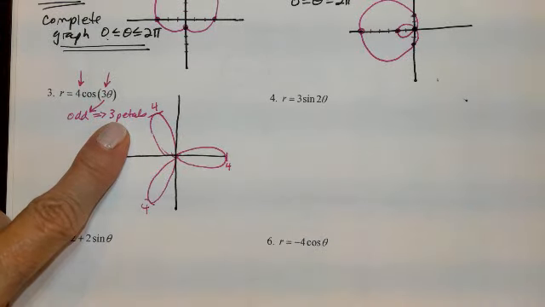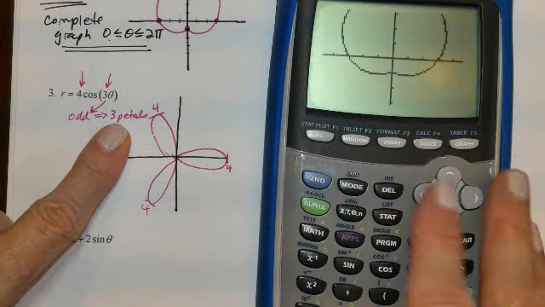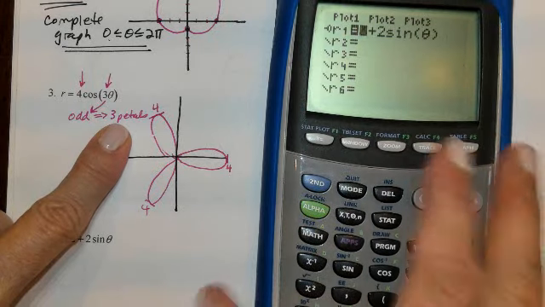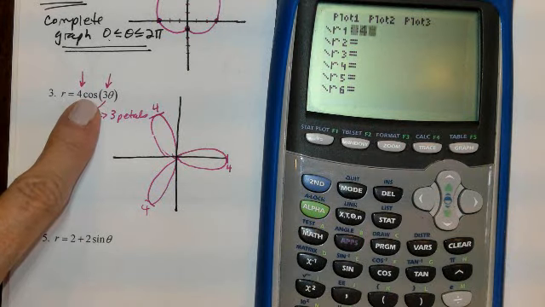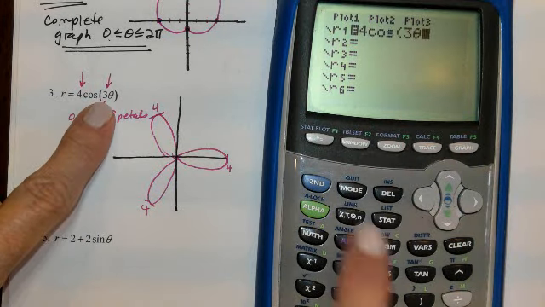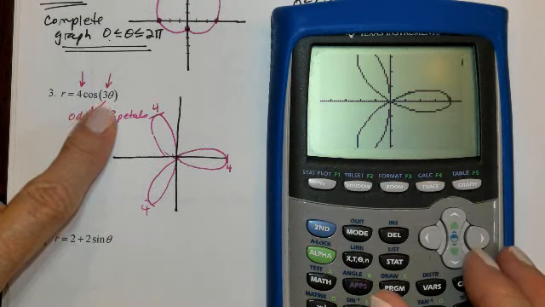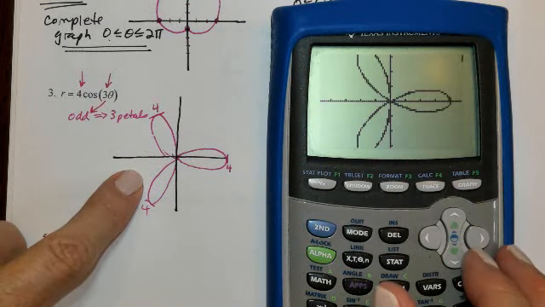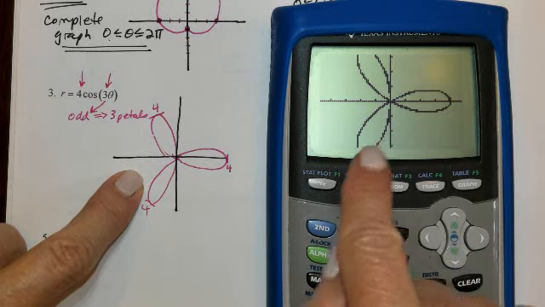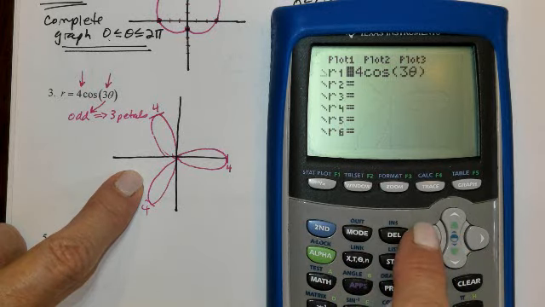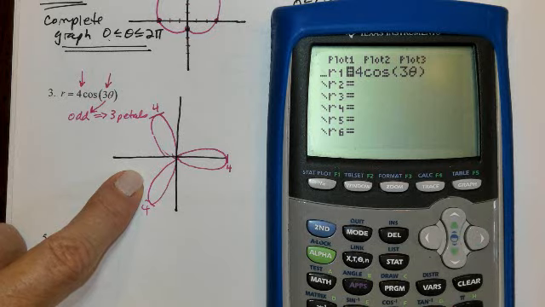Okay? So if you confirm that on your calculator, 4 cosine 3 theta, there it is. Now, did you see what was happening there? Let me turn back on my bubble.